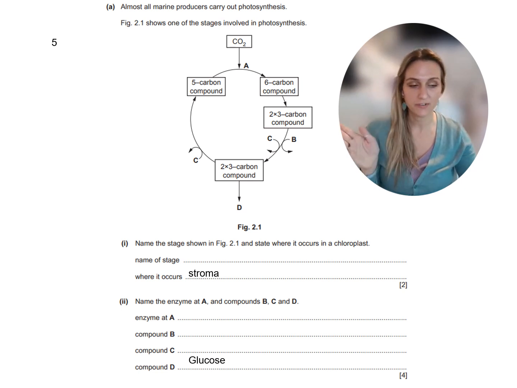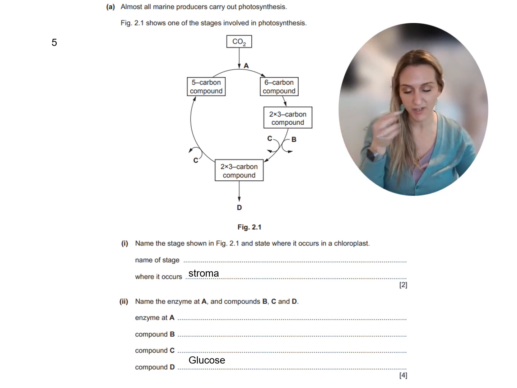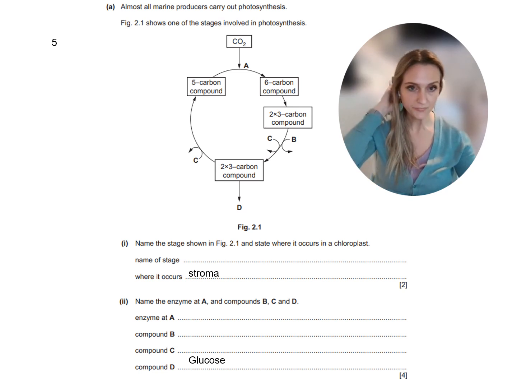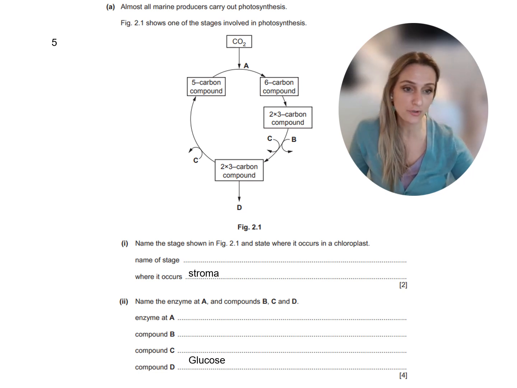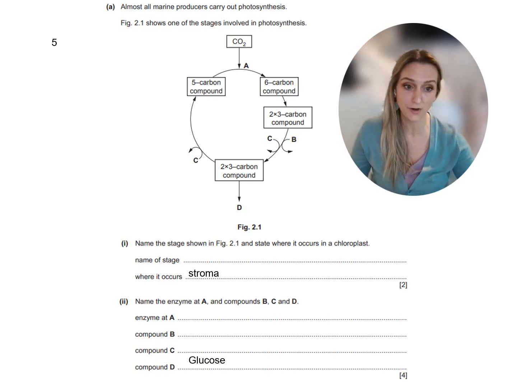So similar to what we saw with the light dependent reaction question, this is what it looks like. And notice where it says 6 carbon compound, 2 3 carbon compounds, another 2 3 carbon compounds. Those are those intermediate compounds that we don't have to know, which is why they're given to us.